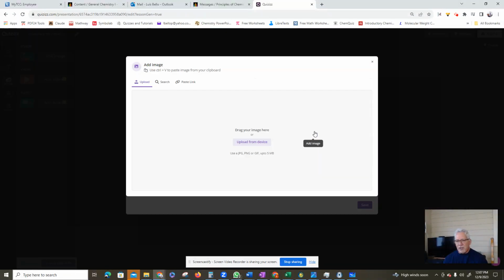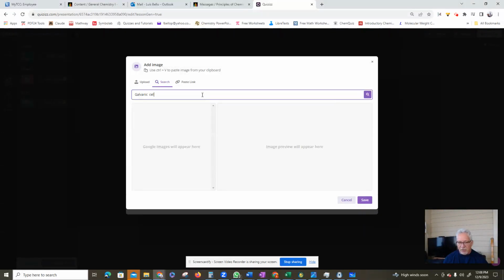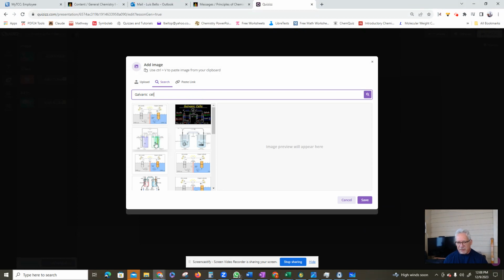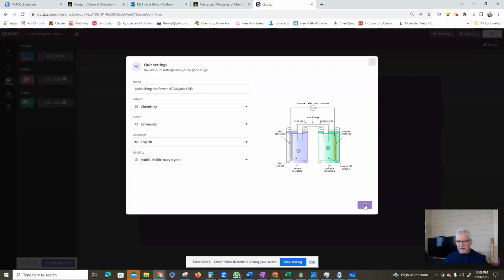And then you can also add a picture just for, I would say, decoration, to identify your lesson plan. It will not make any difference. It's just to identify the lesson plan, and save it.